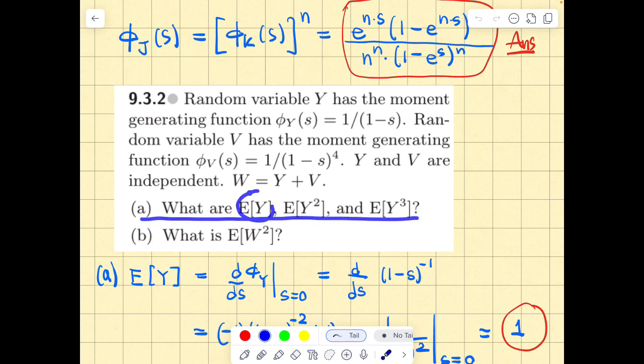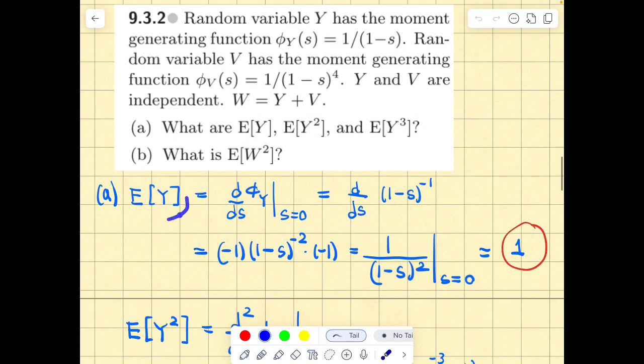First, we find the mean, the second moment, and the third moment of random variable Y, whose moment generating function we know. First, the mean, or the first moment: we can find this by differentiating the moment generating function of Y with respect to s, and then substituting s equal to 0.